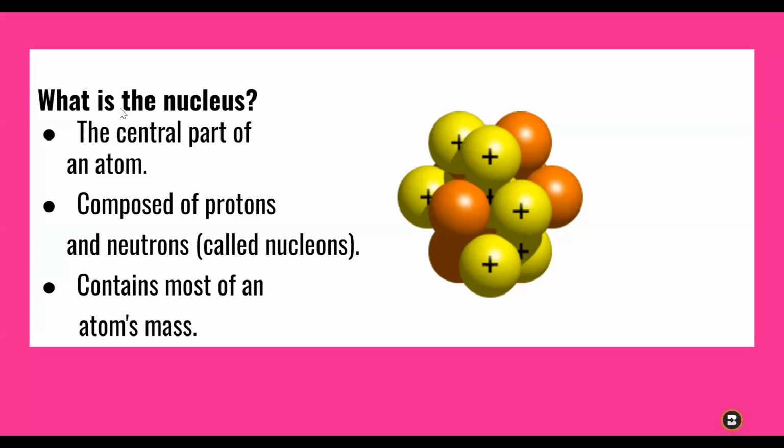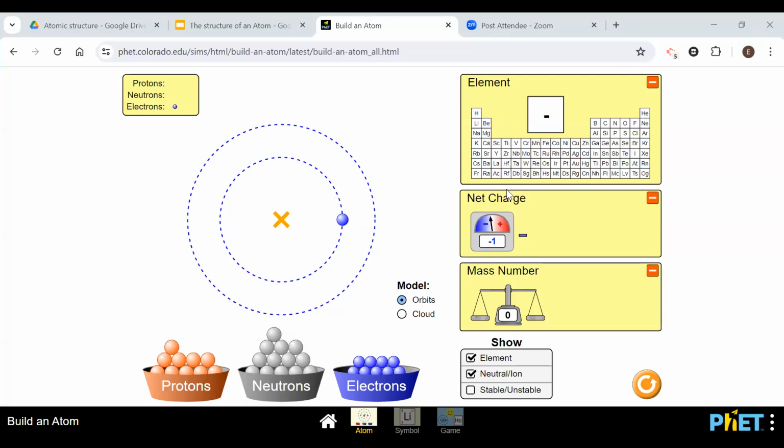We saw these 3 subatomic particles, but then I think to explain this, let's go back and build an atom. Let's build a simple atom. Remember, an atom is made up of 3 subatomic particles. So let's build an atom.